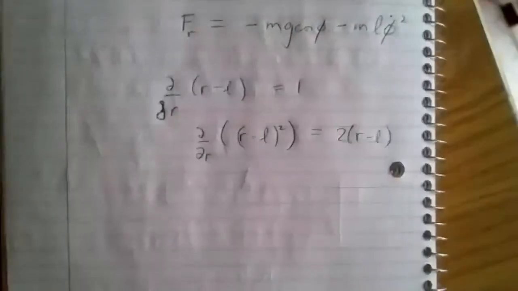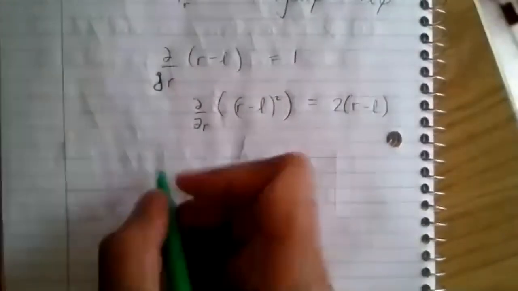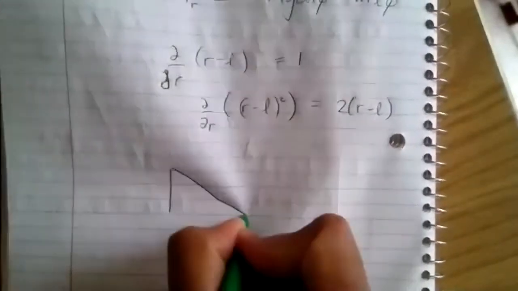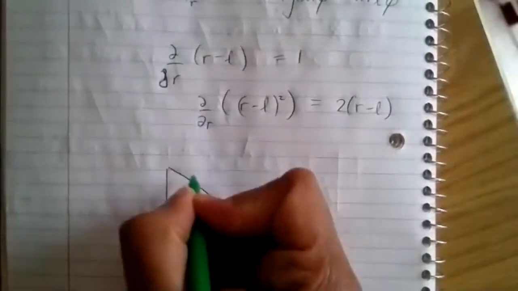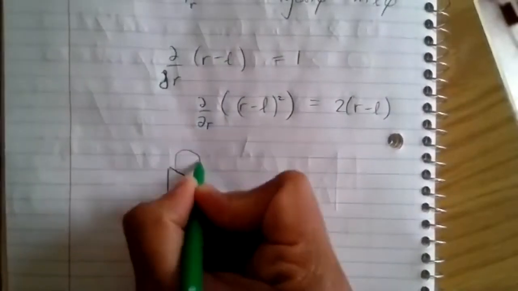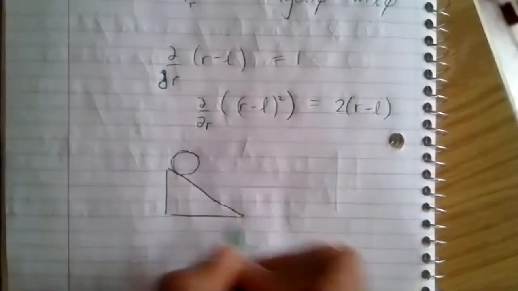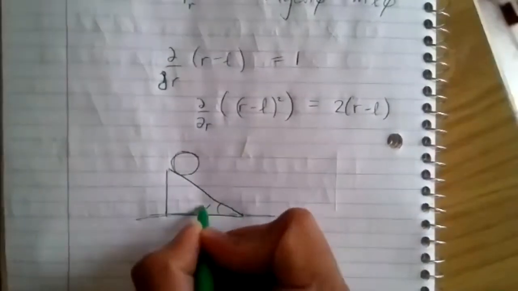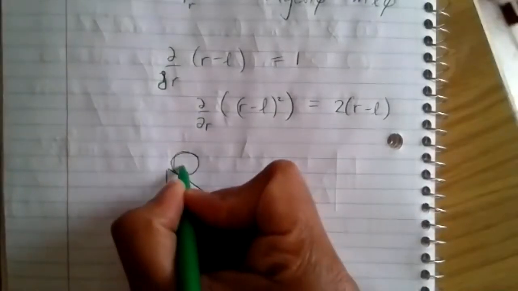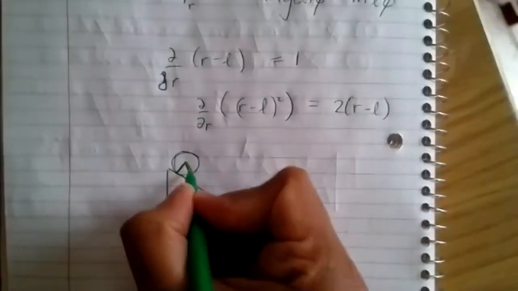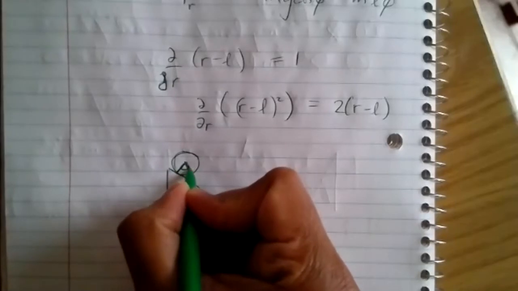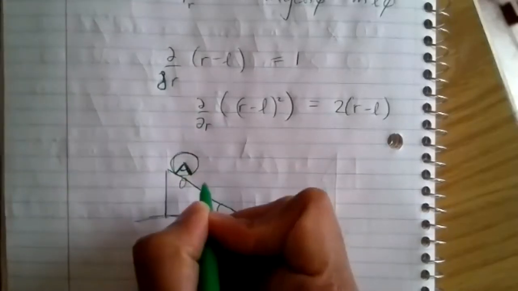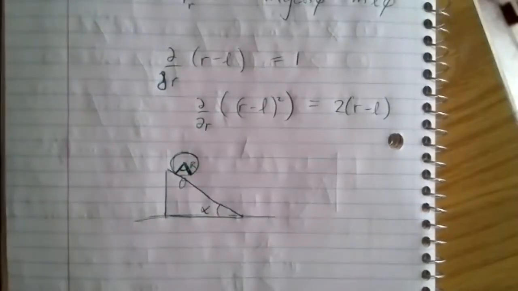All right, so let's try that other example that I mentioned earlier. Let's say we have something with a circular cross-section rolling without slipping down a fixed ramp. Let's not make it complicated this time. Let's call this alpha. We'll call the angle through which it rotates theta. It's got a fixed radius r.